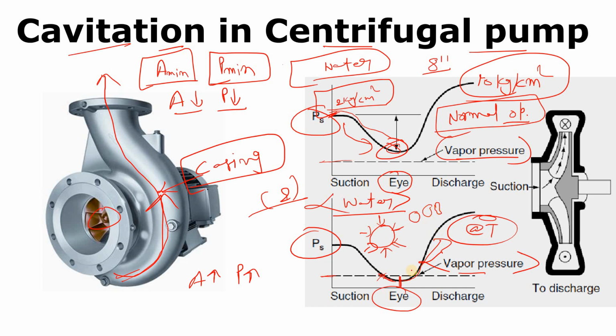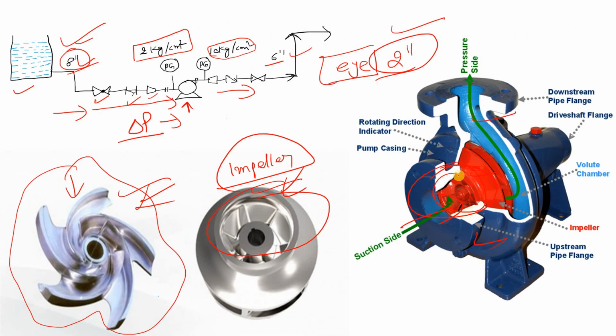As this bubble implodes, this empty space will be occupied by the liquid, and that liquid strikes very fast at the surface of the casing or the internals of the centrifugal pump. Because of that, your impeller can be damaged.